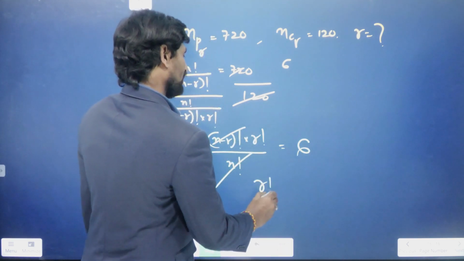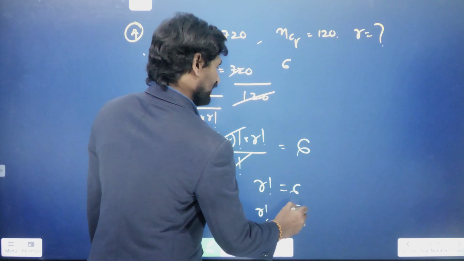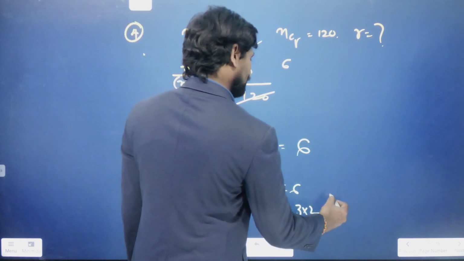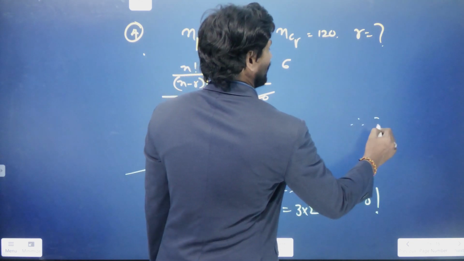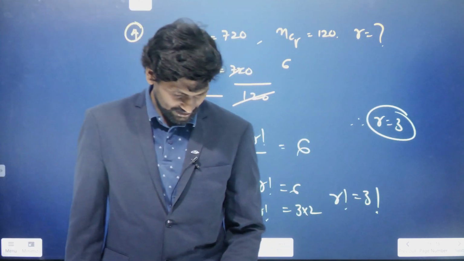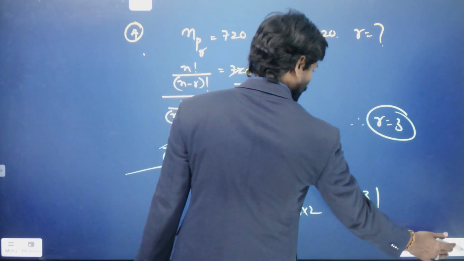So r factorial is equal to 6. So 6 is nothing but 3 into 2 into 1. Nothing but r factorial is equal to 3 factorial. Therefore, r is equal to 3. The r value will be 3. Okay? So let us move on to problem number 5.